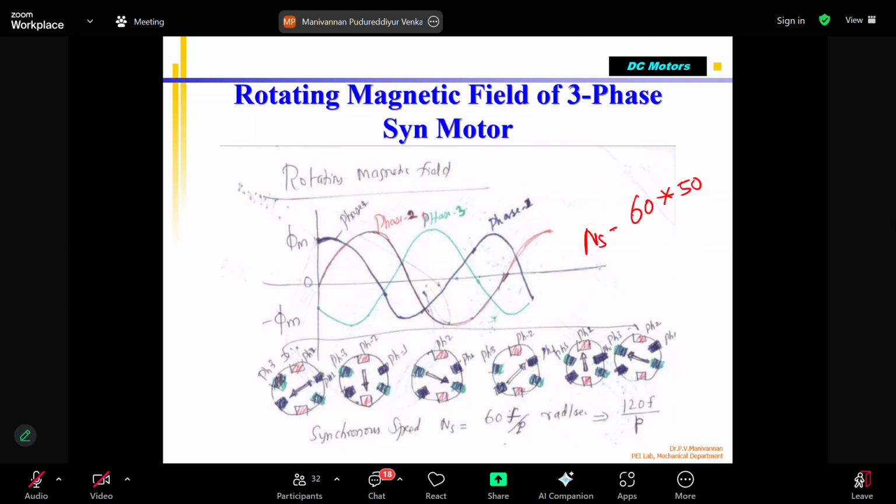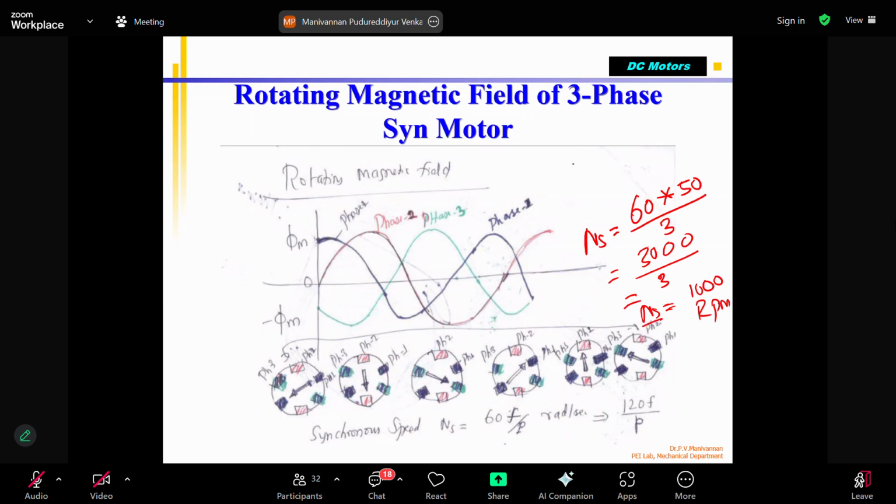My speed NS, the synchronous speed of the rotating magnetic field, not the motor speed, is going to be 1000 RPM. The rotating magnetic field speed NS, the synchronous speed of the magnetic field, is 1000 RPM.